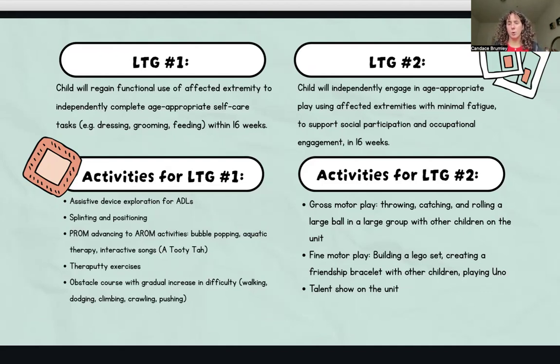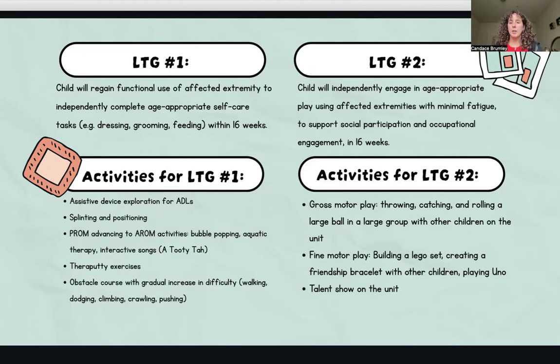And then for long-term goal number two: a child will independently engage in age-appropriate play using affected extremities with minimal fatigue to support social participation and occupational engagement in 16 weeks. So this goal was made keeping in mind if they are in an acute care or inpatient rehab setting where they would be on a unit with other children that are able to interact with one another.